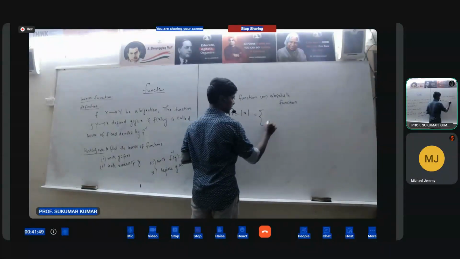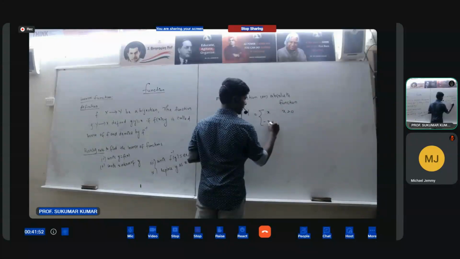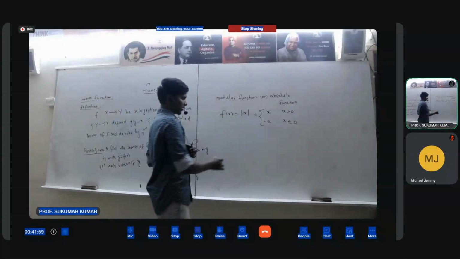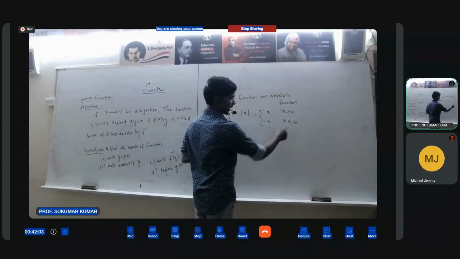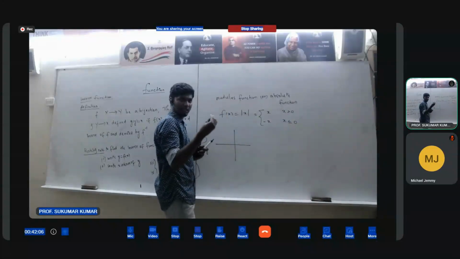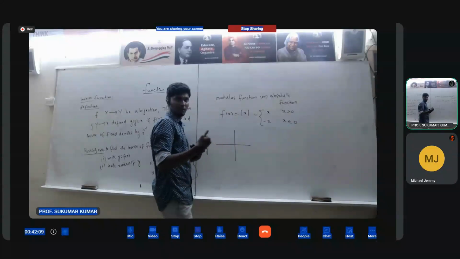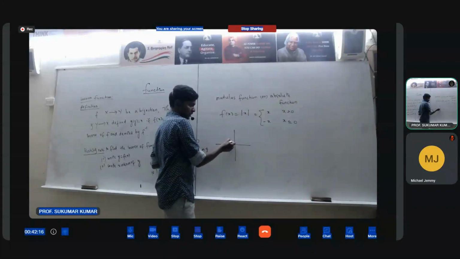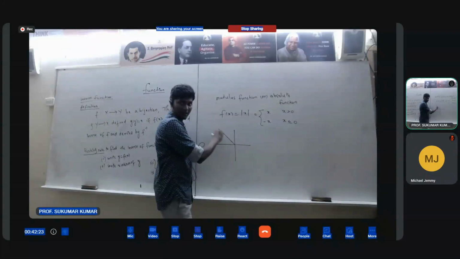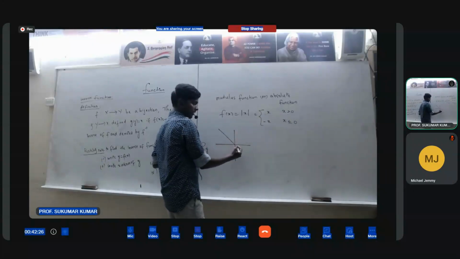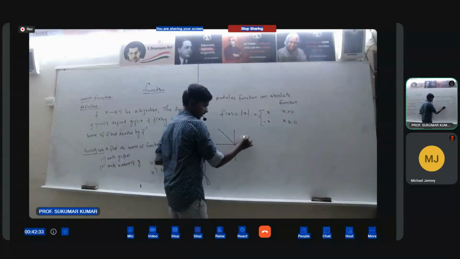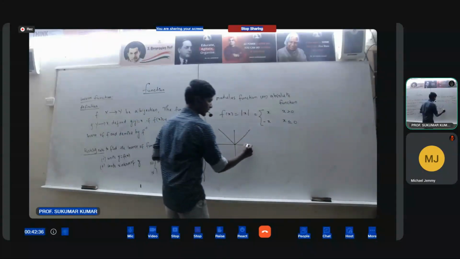We can say x for x greater than 0 and minus x for x less than or equal to 0. If the x value is less than 0, like minus 1, minus 2 and so on, and you apply it here, we get a positive value: minus 1 gives plus 1, minus 2 gives plus 2, minus 3 and so on. For x greater than 0, 1 gives 1, 2 gives 2, 3 and so on. So this is your mod function, on the x-axis and y-axis.